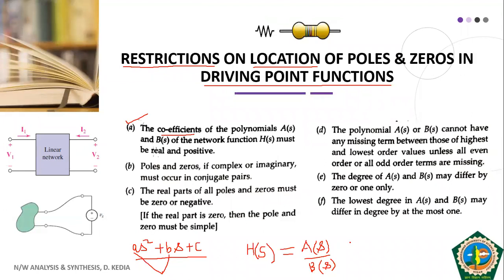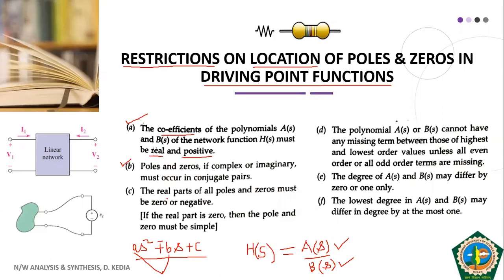So the coefficients of A(s) and B(s) must be real and must be positive. The values of a and b must be real and positive. You cannot have a minus sign here. If you have a minus sign, your conditions are not fulfilled. This is condition or restriction number 1.